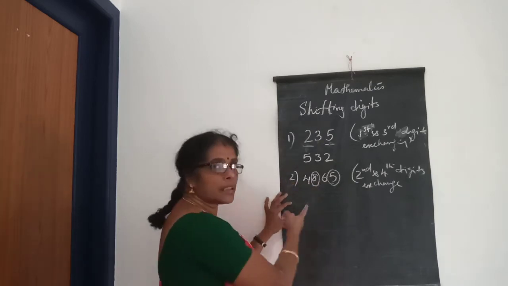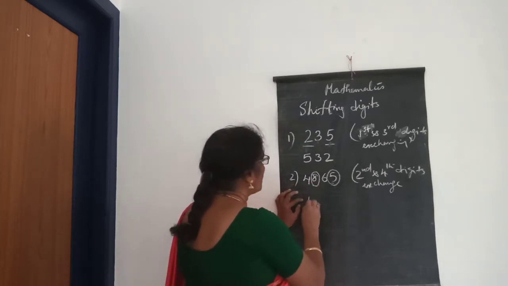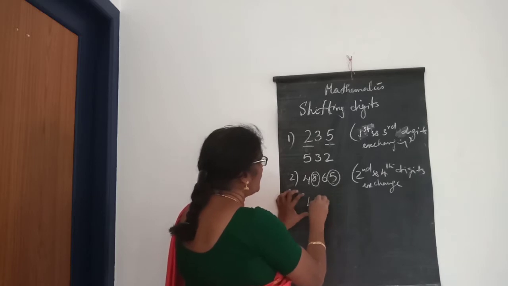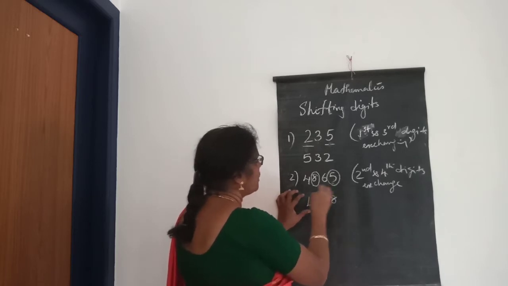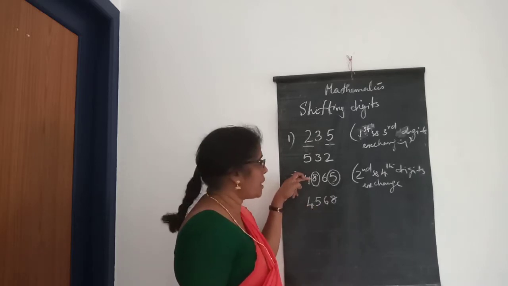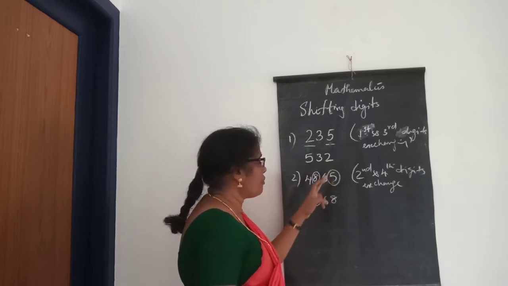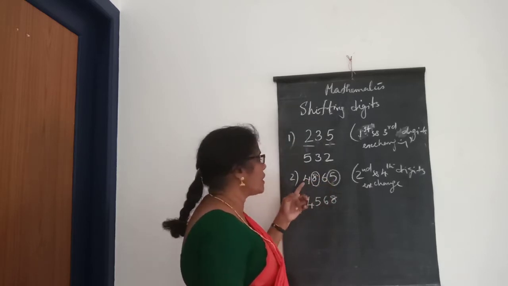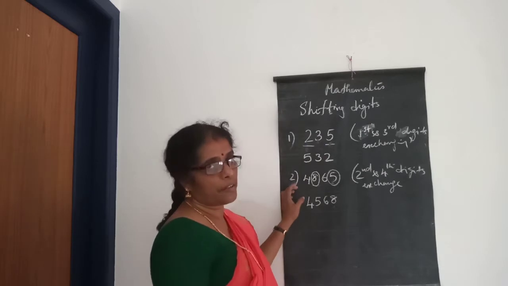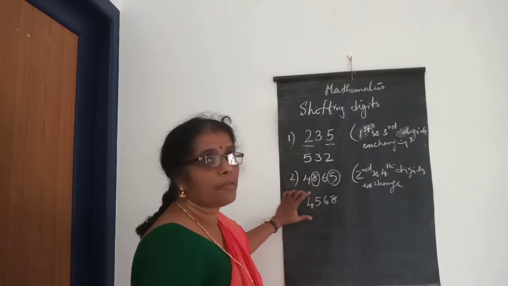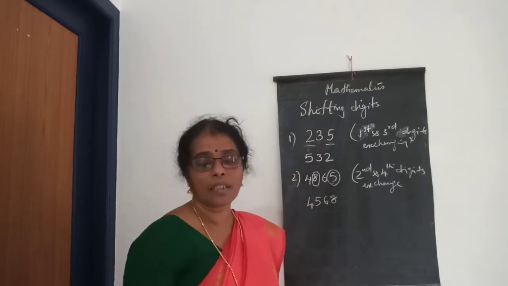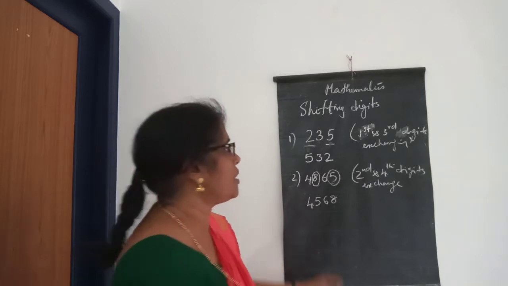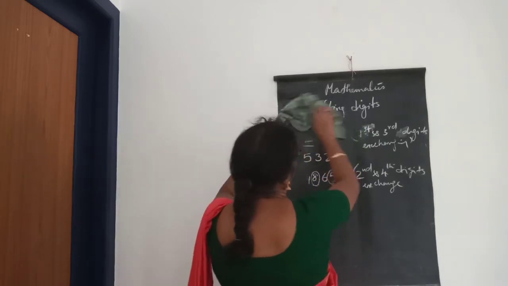So the number will become 4568. In the place of 8, that becomes 5, and in the place of 5, that is 8. So this 4865 became 4568. That is shifting digits or exchanging digits.